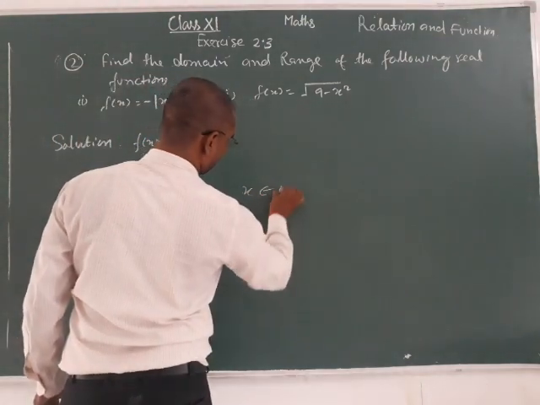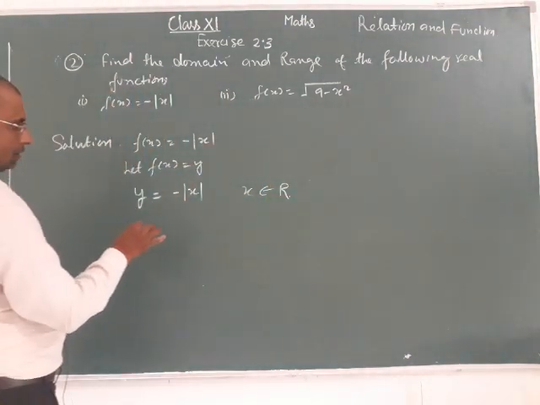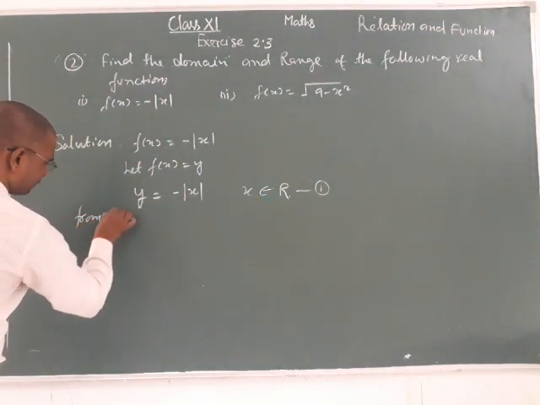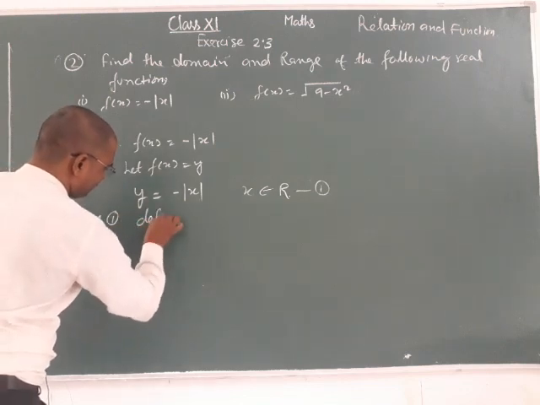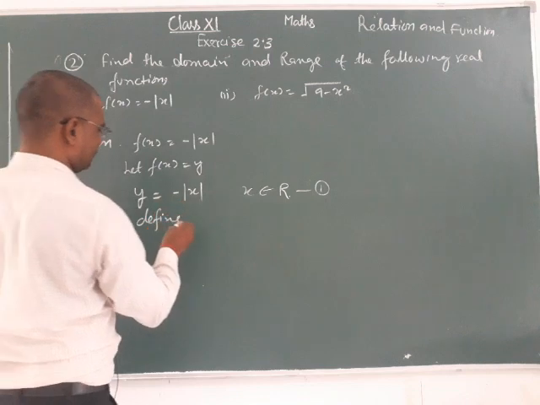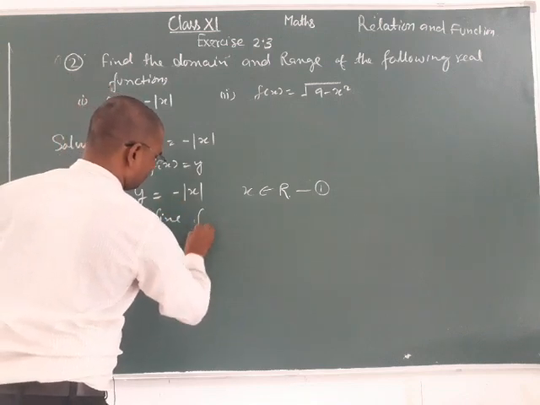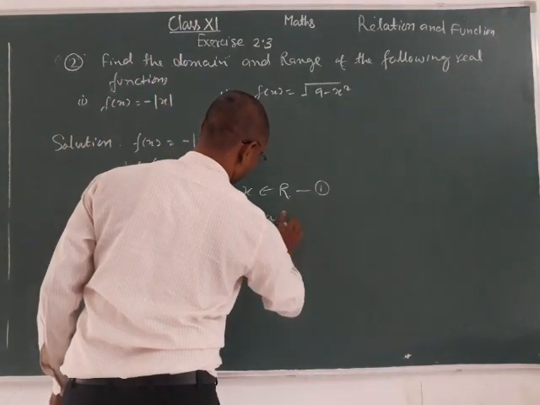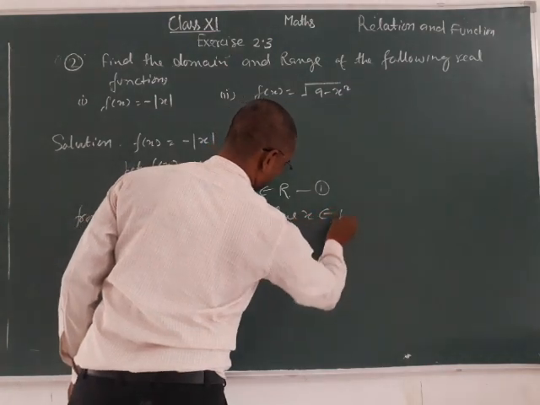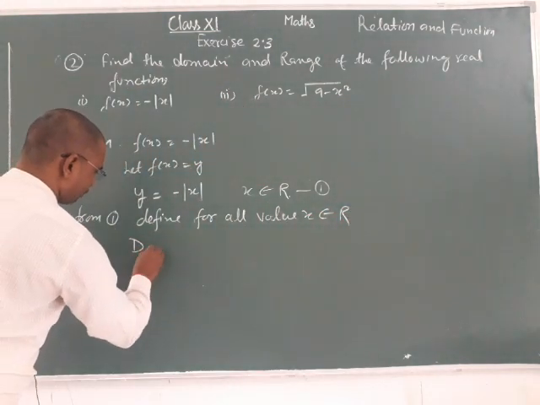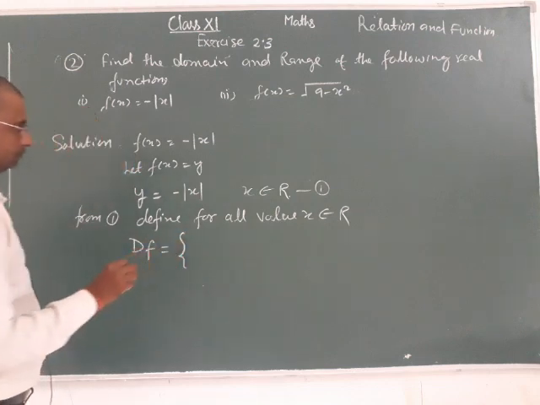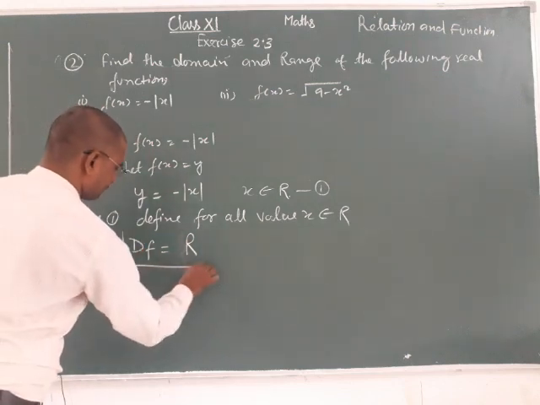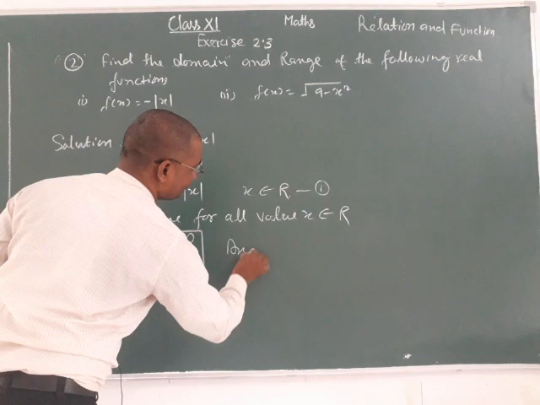So x belongs to the real numbers. From the equation, it is defined for all values x belonging to R. So domain is equal to R. This is the answer.